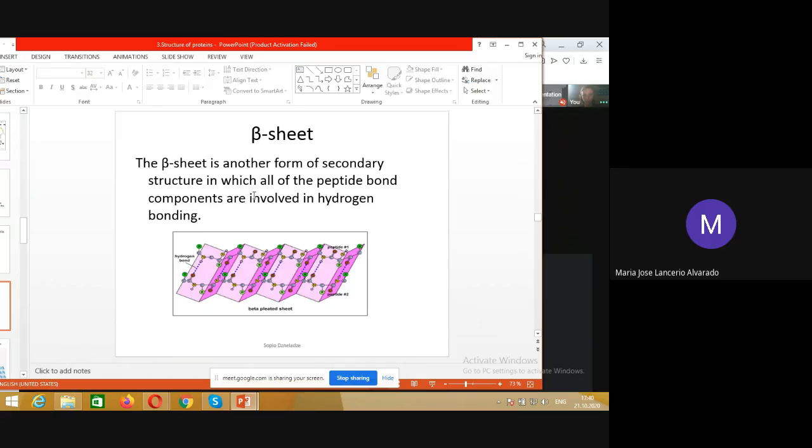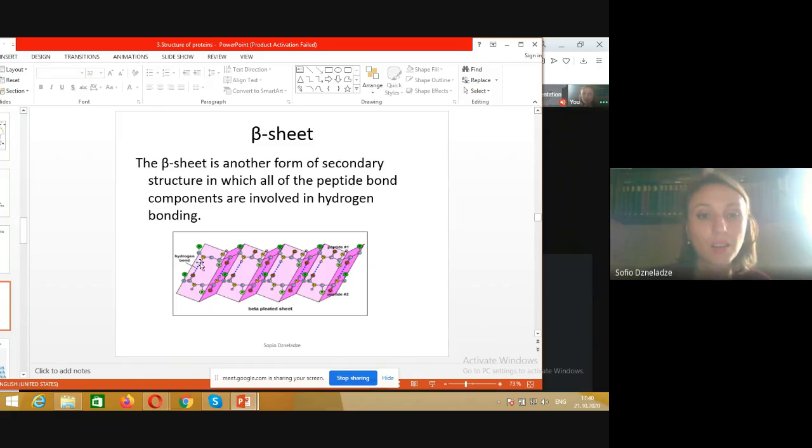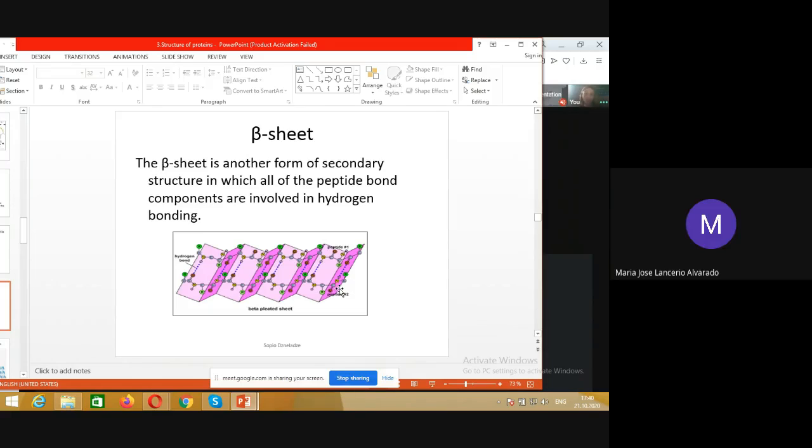The beta sheet is another form of secondary structure in which all of the peptide bond components are involved in hydrogen bonding. Yes, it means another form of secondary structure, which can produce the hydrogen bonds between the peptide bonds hydrogen and oxygen again, but in that case, it looks like a sheet, yes?